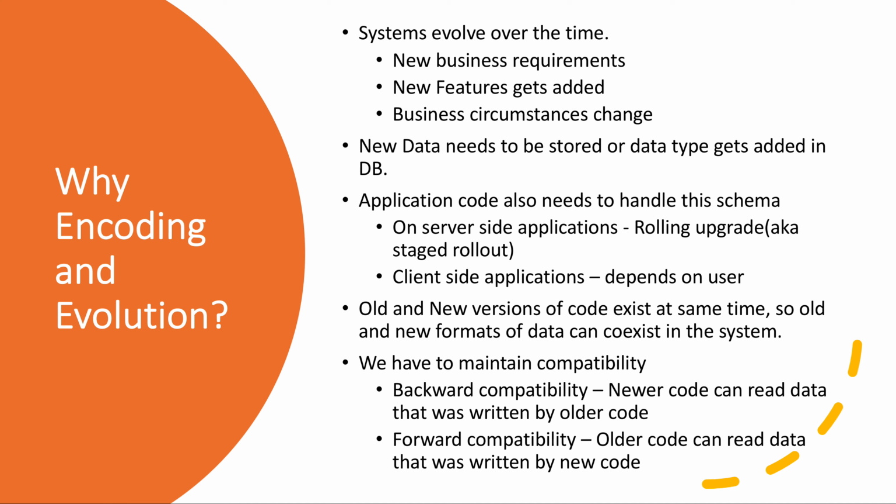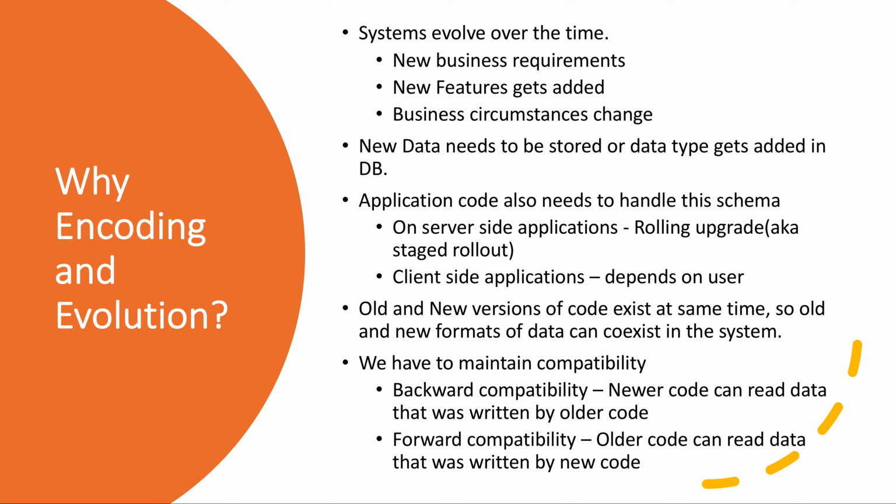Whereas in forward compatibility, the older code should be able to understand what is written by the new code. Backward compatibility is easy to handle because newer code knows the format of the older code, but forward compatibility can be quite difficult to achieve because it is difficult to make older code understand what was written by the new code.